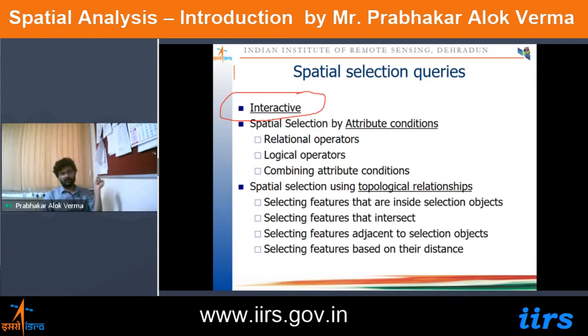The next is spatial selection by attribute condition. So here, selection is based on the attribute query. We put some conditions, based on relational operators, or logical operators, or a combination of both relational as well as logical operators, to select or retrieve the desired data.